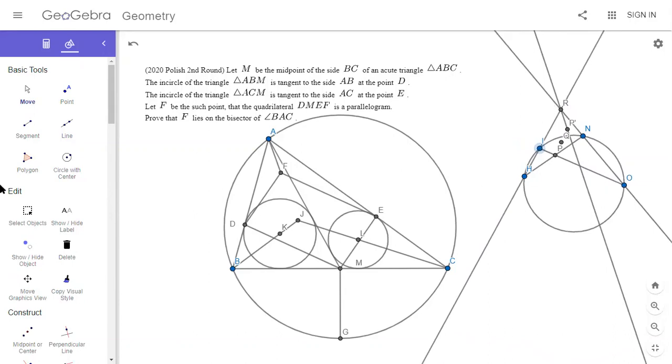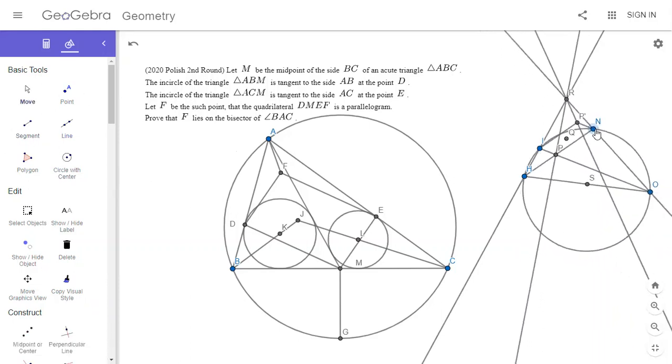I wonder if maybe, yeah, I think RP prime and RP are isogonal.